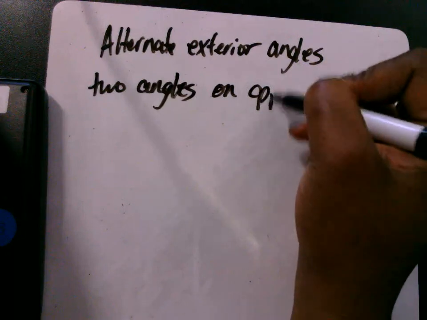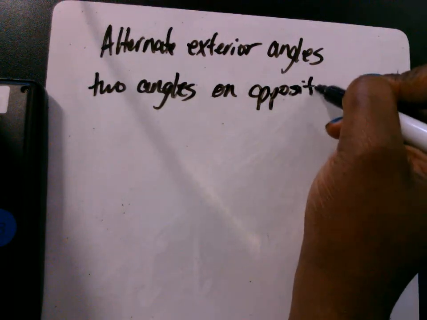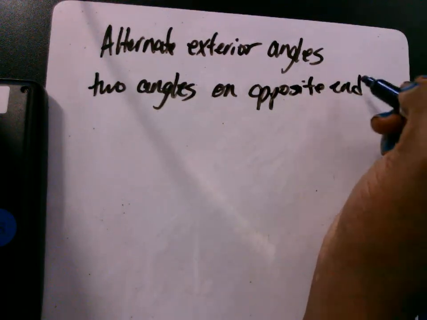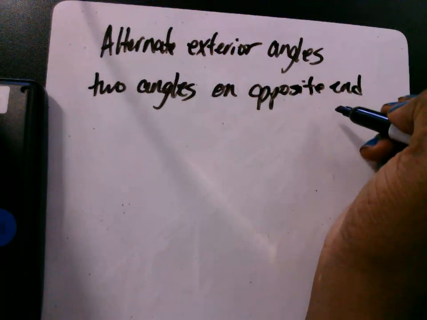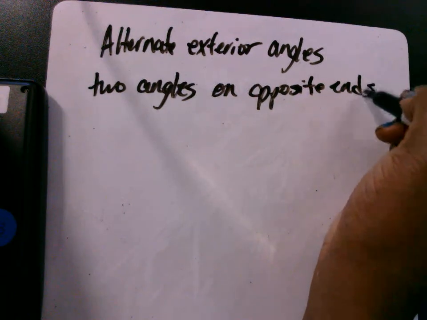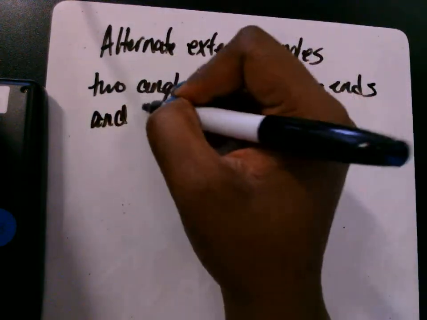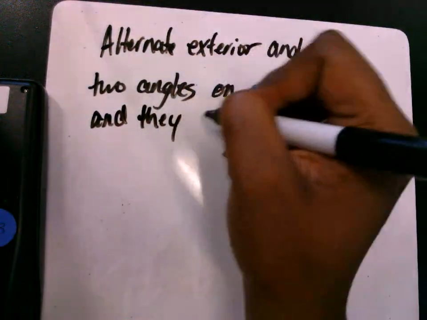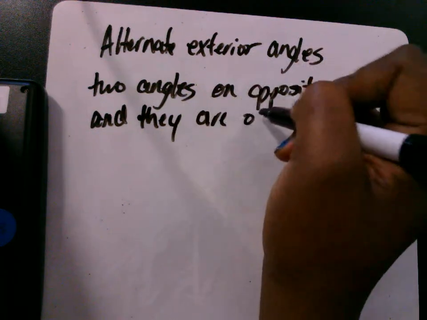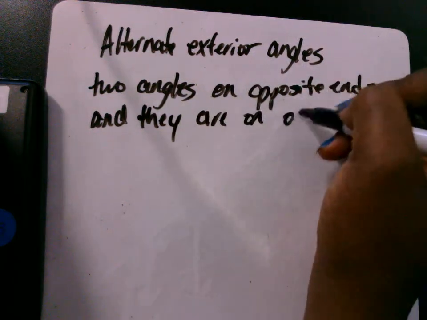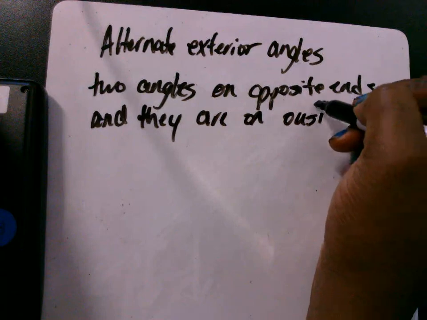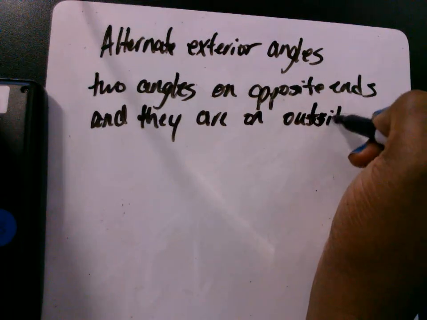Angles on opposite ends. One's on top, one's on the bottom, one's on the left, one's on the right. And they're on the outside of those parallel lines cut by a transversal.